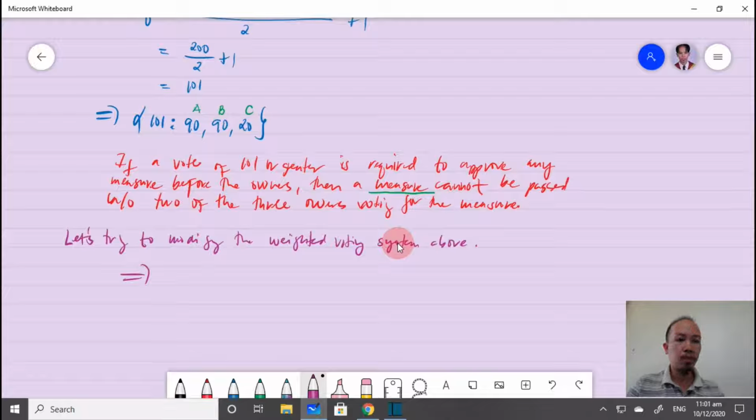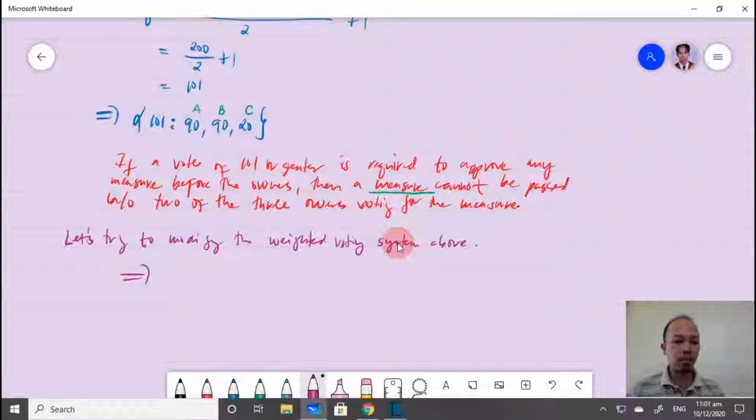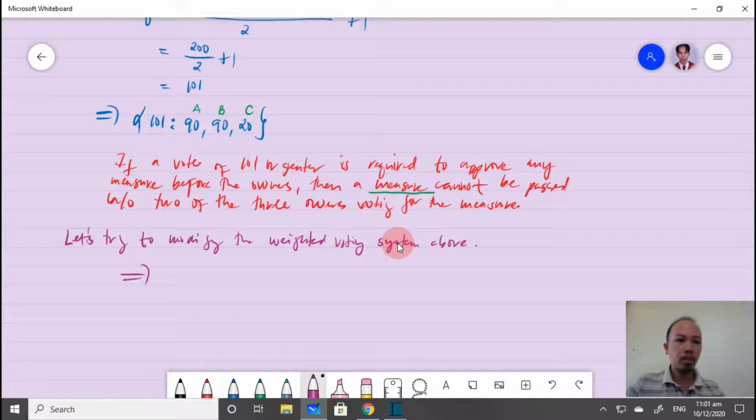Let's modify the same company, Mang Inasal, but now a new stockholder was added to the company. We have the same 200 shares, so the quota is 101. So let's try this one: 54 shares, 52 shares, 50 shares, and the other is 44 shares.